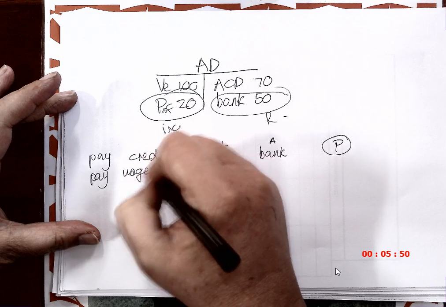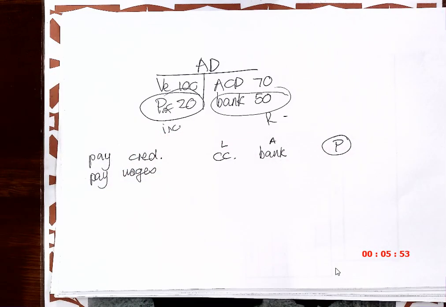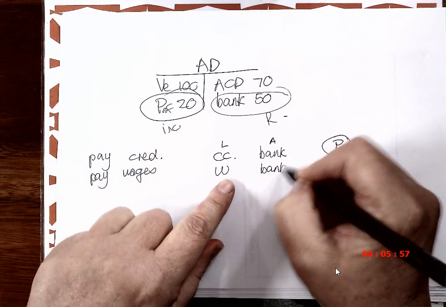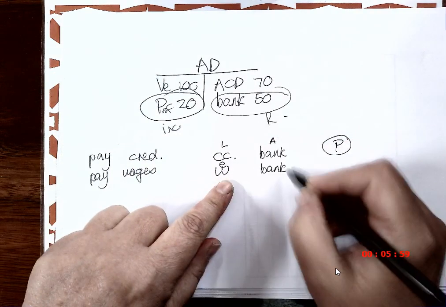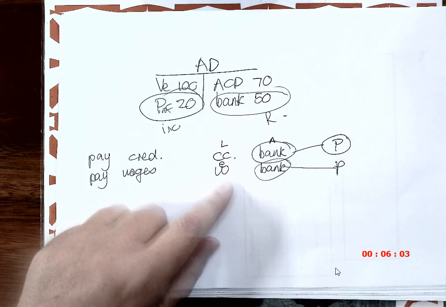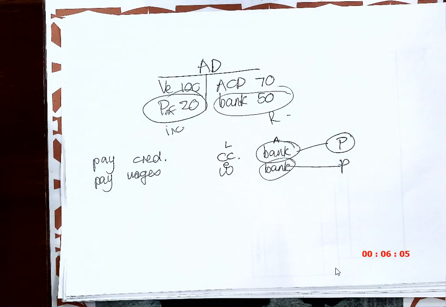I pay wages. Expense, payment, both? Both. Because wages, bank. Wages is an expense. Bank is a payment. Can you see the bank is what makes the cash?